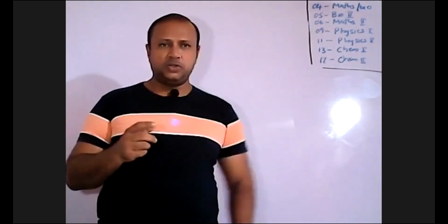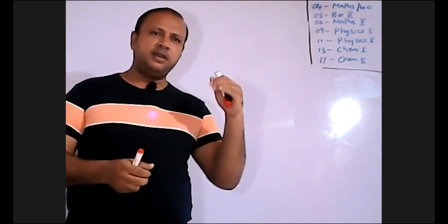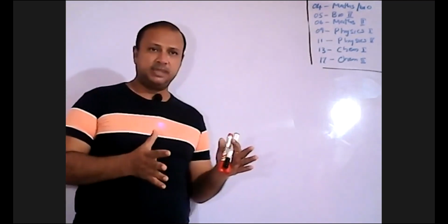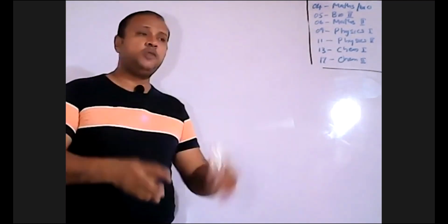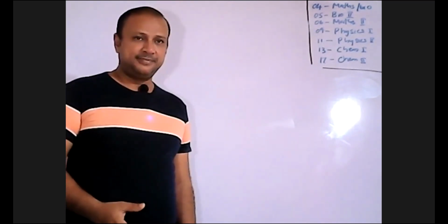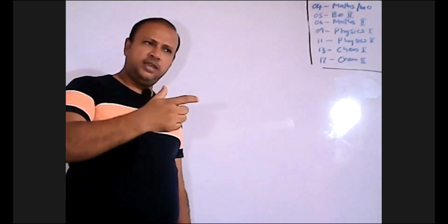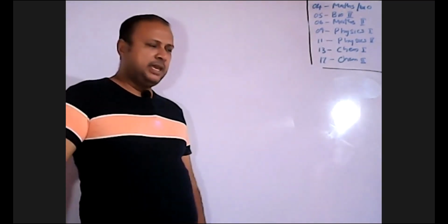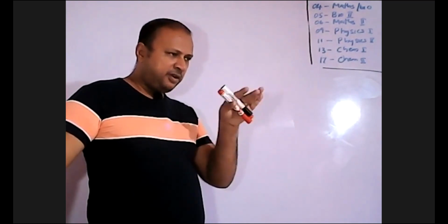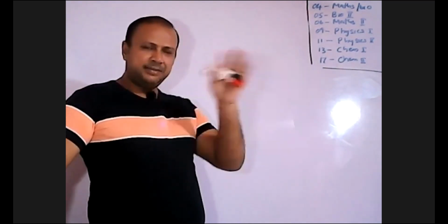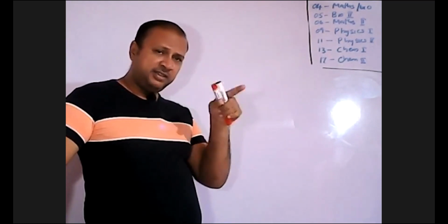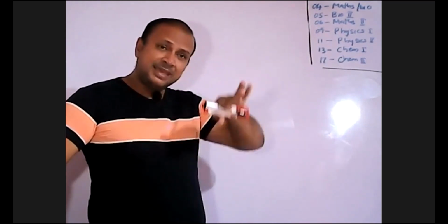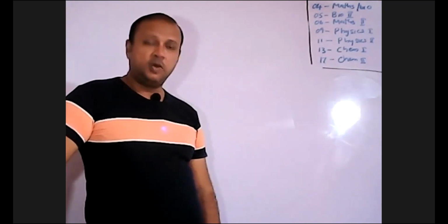So suppose you are given a relationship in vector format. The first thing you have to consider is whether this relationship can be converted into a geometrical relationship or not.